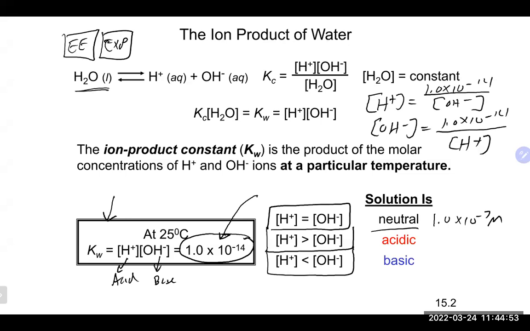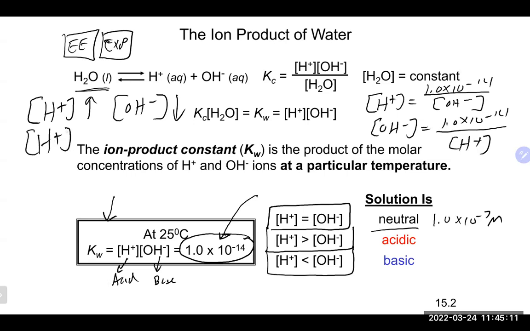There is a relationship between H plus and OH minus which is important. That relationship is that as one goes up, the other goes down, so it's an inverse relationship. And vice versa: if the H plus goes down, the OH minus goes up. That makes sense if you think about it logically.